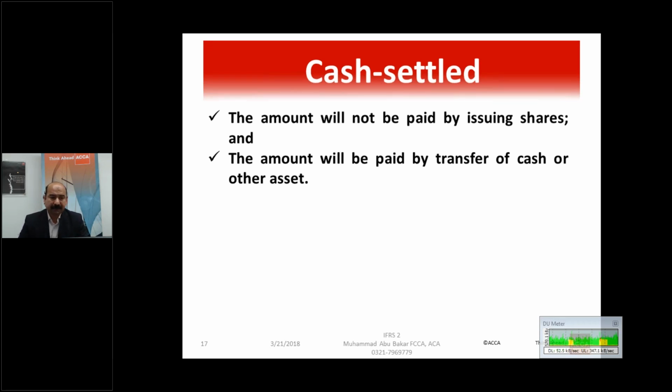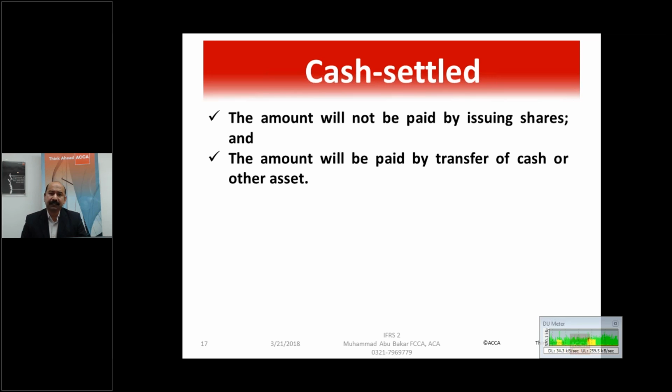Yes, please. Rashid Hanif asked, in case of variable vesting periods, don't you think there is an overstatement or understatement of expenses? No, it's not a matter of under or overstatement, because you are recognizing your expense on your initial estimate.